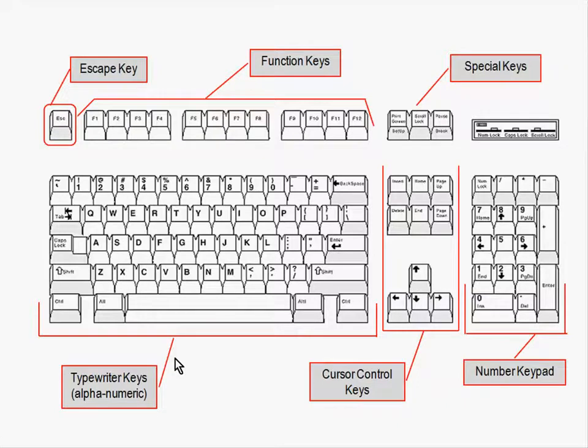Upper right, you'll see a backspace key, which allows you to backspace and essentially erase the letters you just typed. But can't forget the space bar. The large bar in the center at the bottom is the space bar, and that's for putting spaces between words or characters.